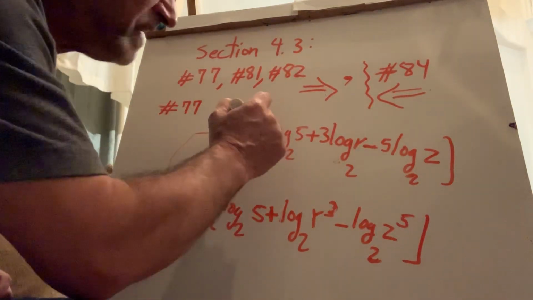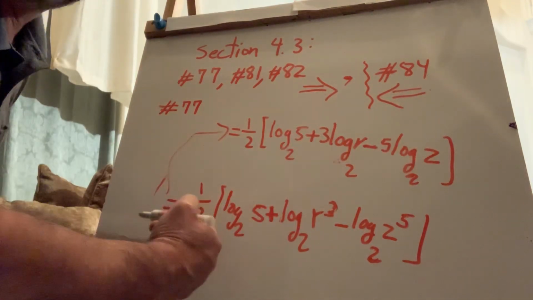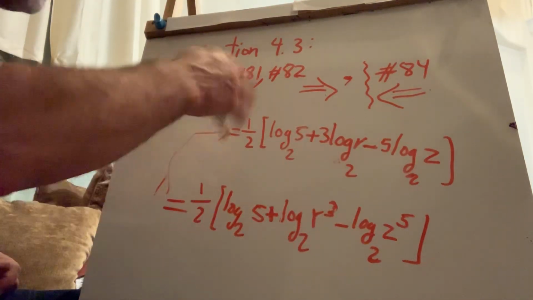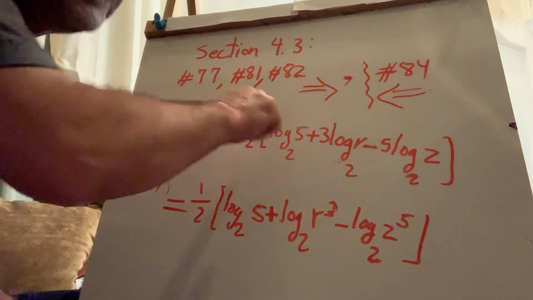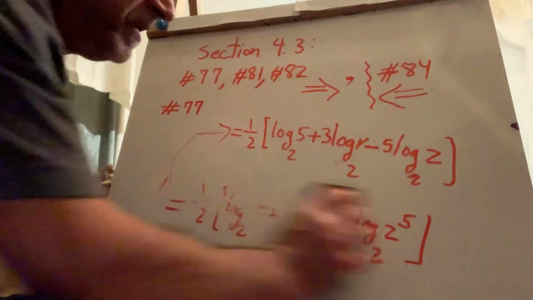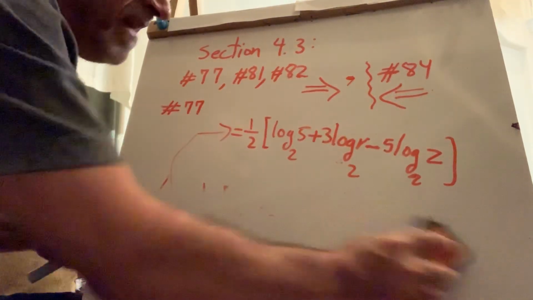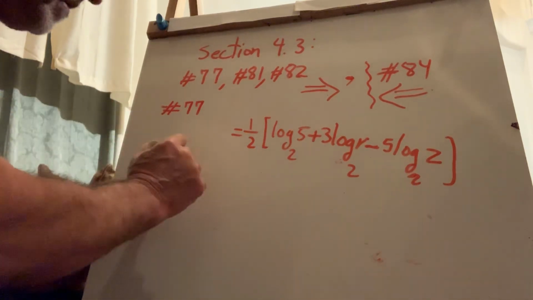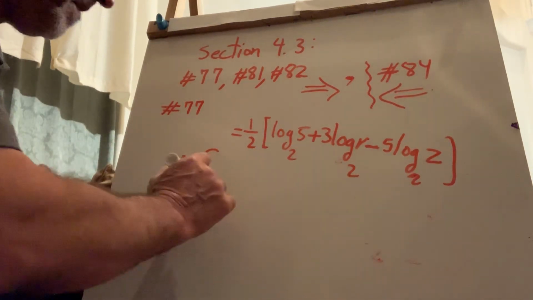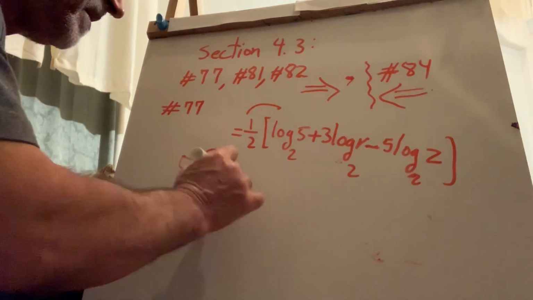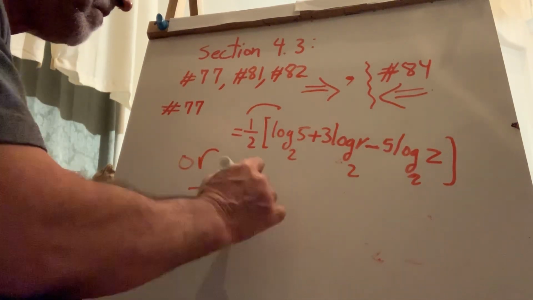Now, some books may actually distribute the 1/2 by all the terms for their final answer. So I'll go ahead and do that one also, just in case. So both are correct. It just depends whether they want to distribute the 1/2 or whether they want to leave it in front, okay? If you do distribute, this could definitely be a final answer in some cases. After you distribute, that becomes 1/2 log base 2 of 5.